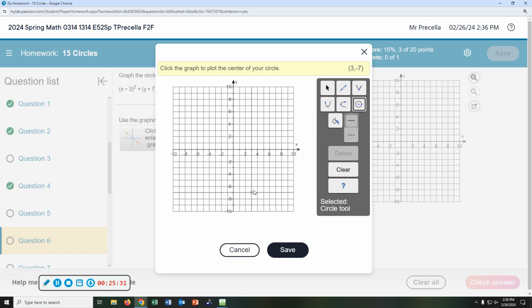There it is. Is that 3, -7? Yes, I click it. The radius is 3, so we can go up, down, left or right. I have an idea. Why don't we go down? Because isn't it going to drop us at the very bottom of the grid? If we count down 3 units. 1, 2, 3.